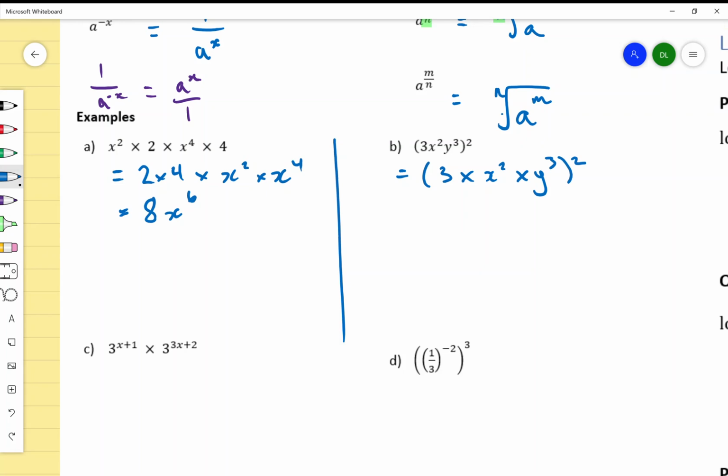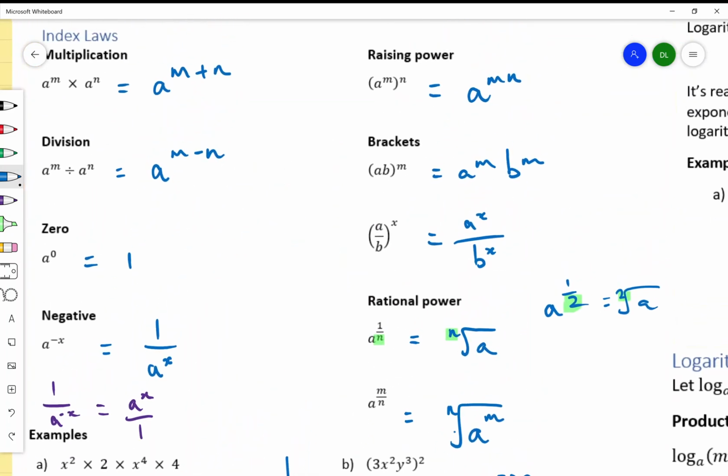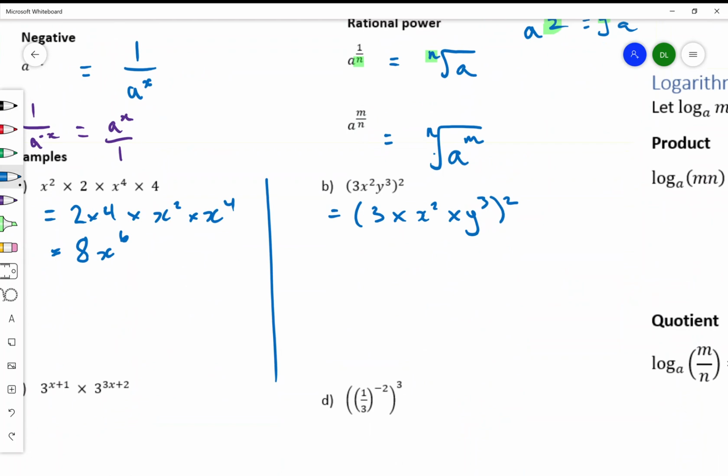Yeah? And following with this rule, if I can scroll up, there we go. This rule right here, right now it's the power of m. I apply the power of m to each letter in there, everything I'm multiplying. Is that clear? Yeah. So I'm not adding anything. All I have to do is square every term. So in this case I get 3 squared. That's this one over here, 3 squared, multiplied by x squared squared, which gives me x to the power of 4. Good.